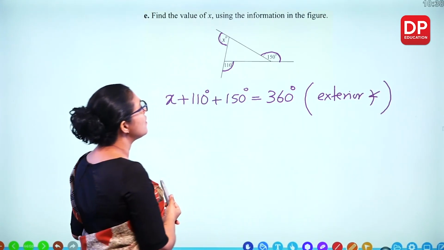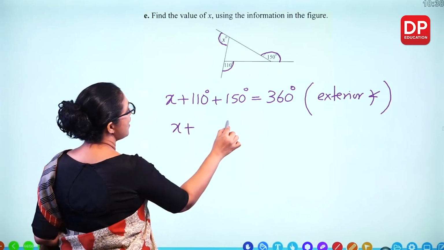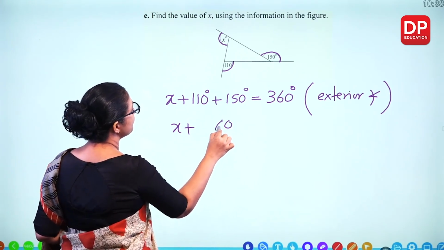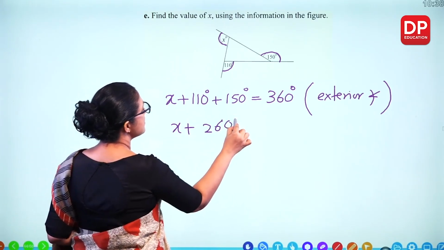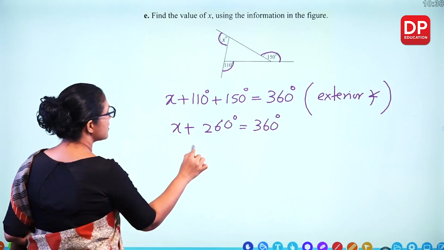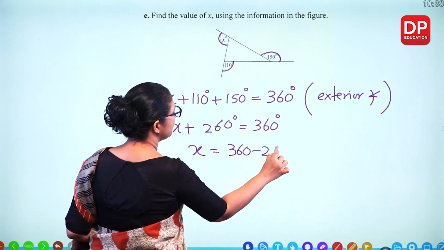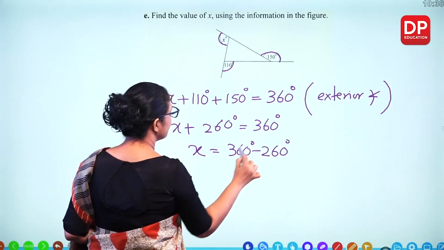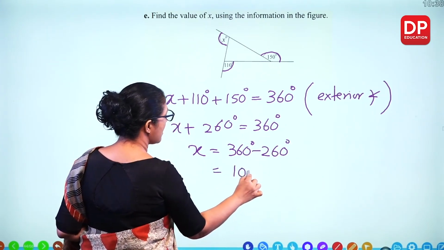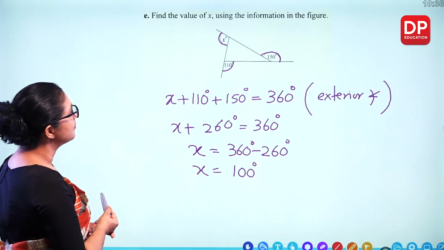Exterior angles of a triangle. So x plus, when you add these two, 260 degrees, is 360. Subtract 260, you get 100 degrees for x.